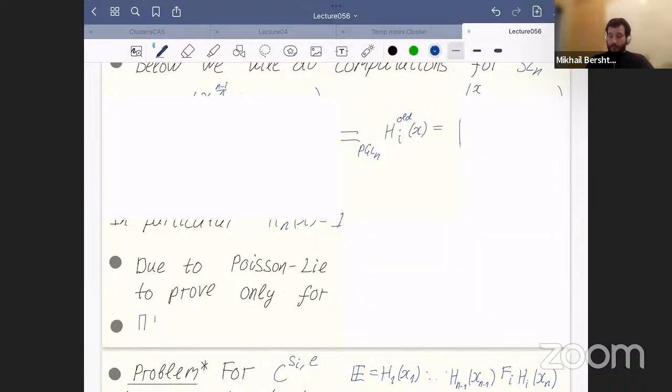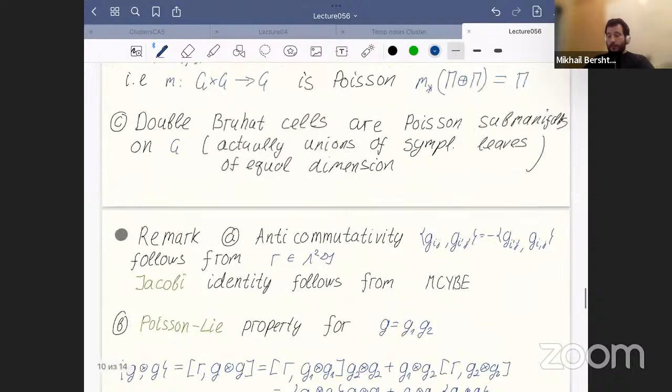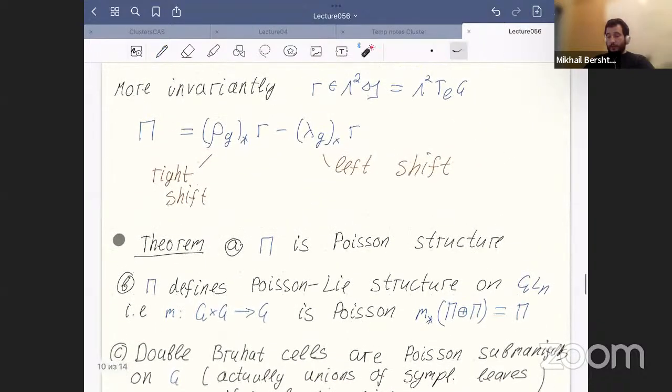The Poisson bracket P restricted to the torus is equal to 0. This can be seen from this formula: we take our matrix and then move it to the point G using either left shift or right shift.